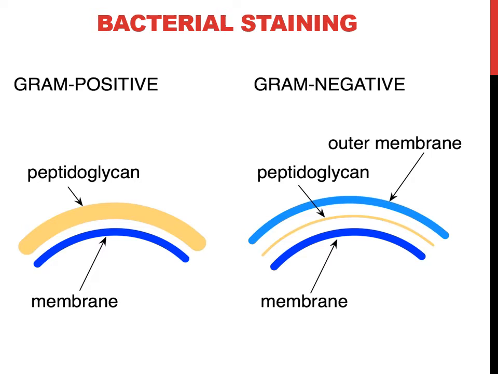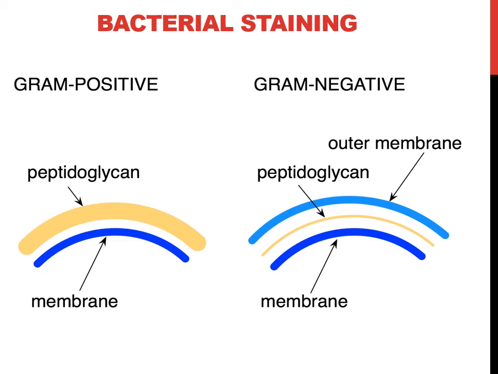So when you look under the microscope, gram-positive bacteria, once we've applied the stain, are purple because they have a lot of peptidoglycans that hold on to the stain. Gram-negative have a relatively thin outer cell wall. So because they don't have as many of those peptidoglycans, they don't hold on to the stain very well, so they stain more of a pinkish.